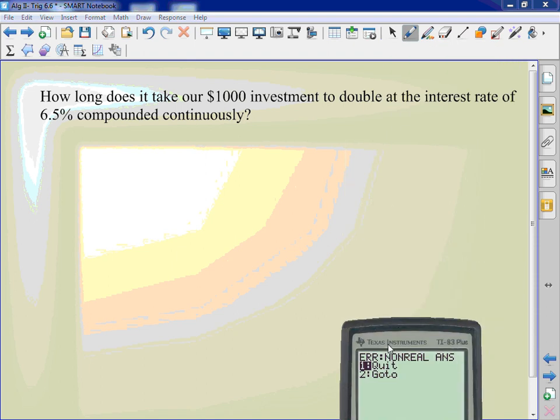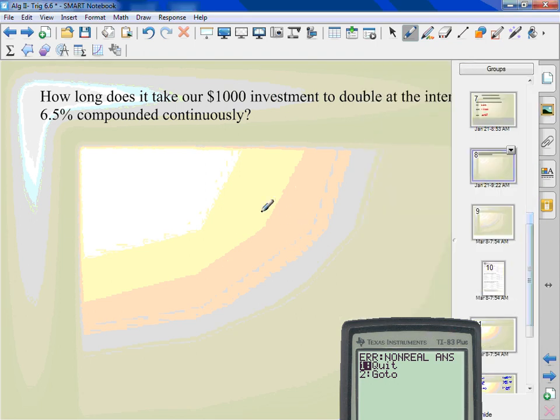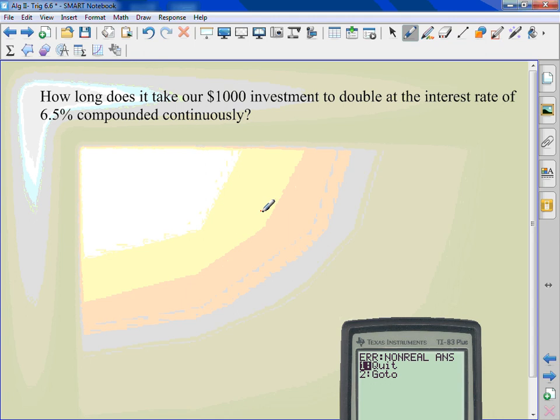This is the types of problems we're going to be doing. How long does it take our $1,000 investment to double at the interest rate of 6.5% compounded continuously? Still the same formula. A equals P e to the rt. My amount is still 1,000.